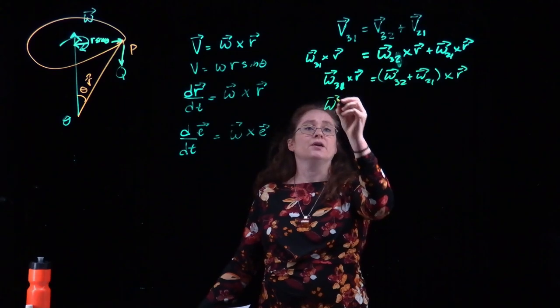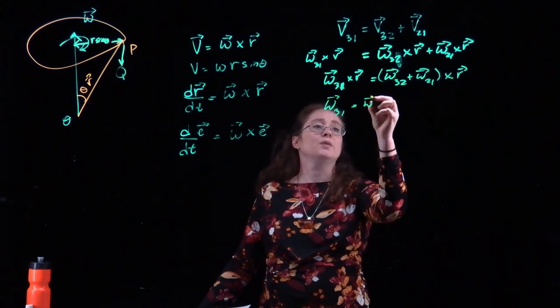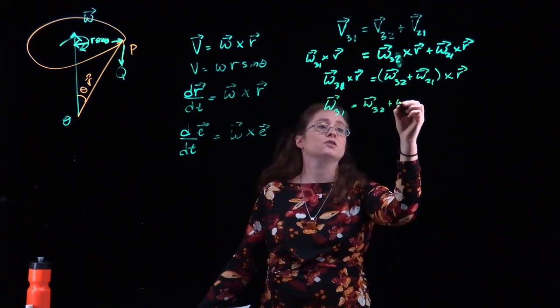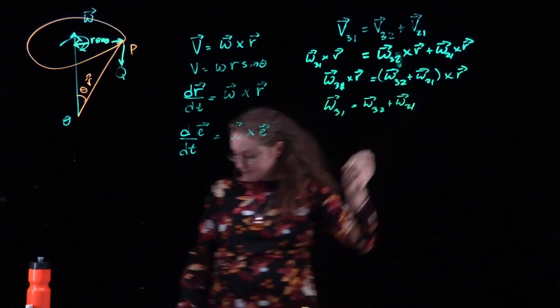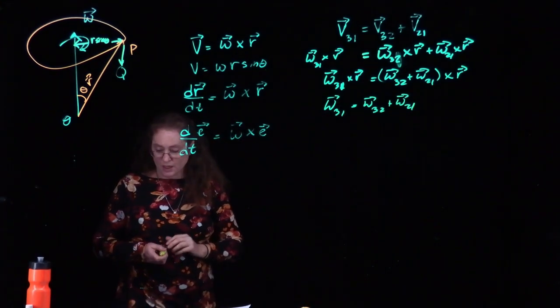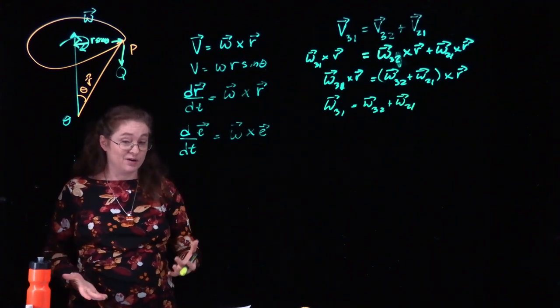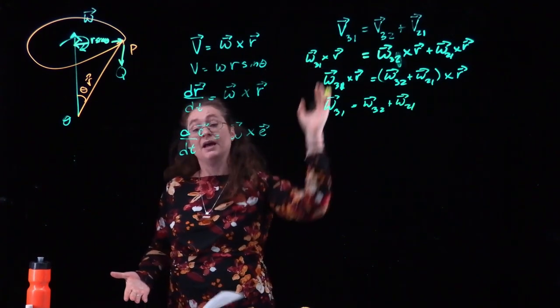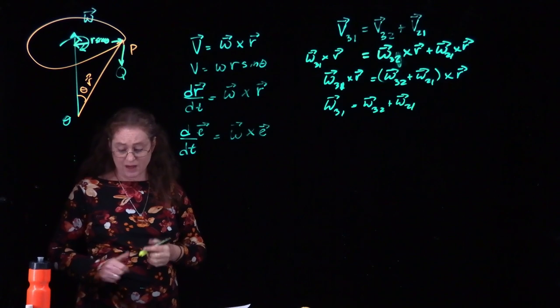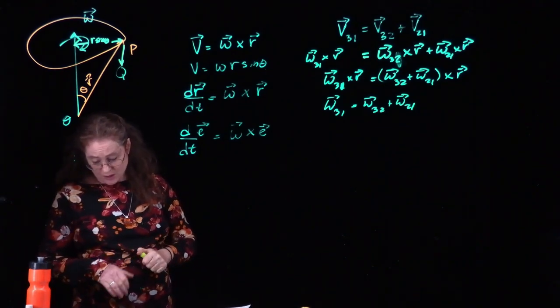So omega 3,1 equals omega 3,2 plus omega 2,1. So our linear velocities add, our angular velocities add when we write them as vectors.